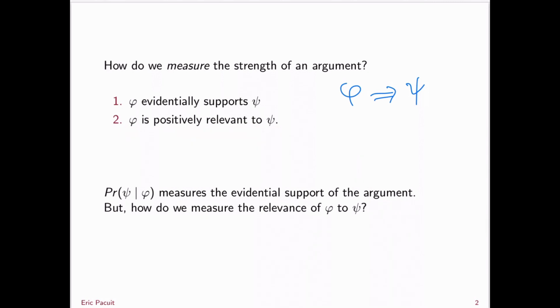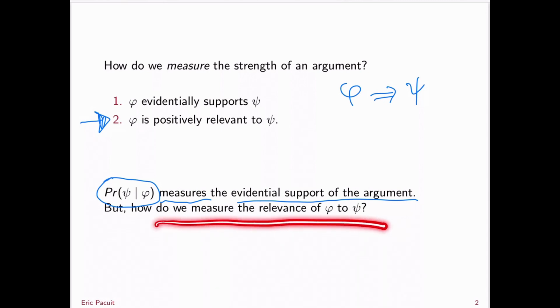So the conditional probability, the probability of psi given phi, that is, the probability of the conclusion given the premise, is a way of measuring the evidential support of the argument. It's a way of measuring how much support the premise gives the conclusion. But what about the second aspect of inductively strong arguments? How do we measure the relevance of phi to psi?